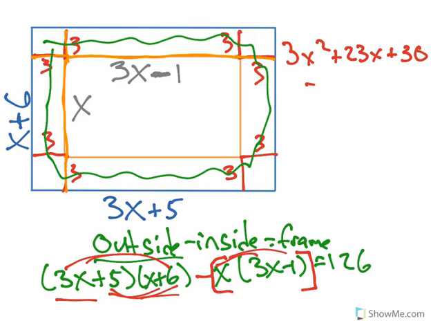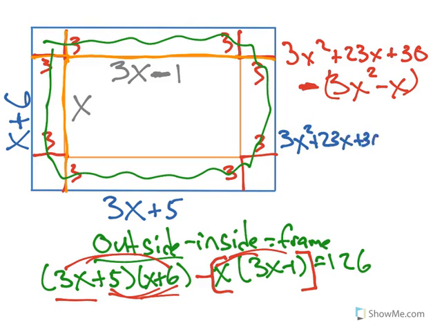Subtract 3x squared minus x. So again, I need to make sure that I distribute this negative. So when I bring all my terms down, I've got 3x squared plus 23x plus 30 minus 3x squared plus x. And that whole thing's equal to 126.